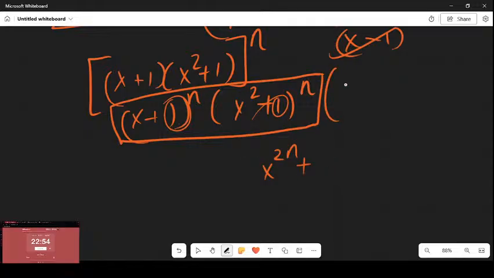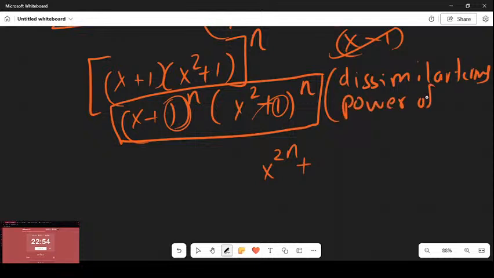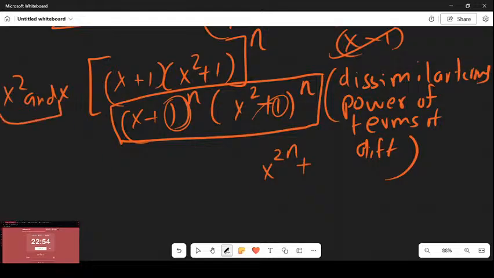Dissimilar terms means power of terms is different. X square and x are different. This is an example of it.